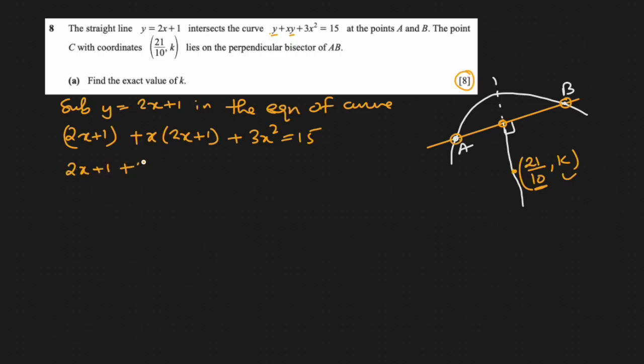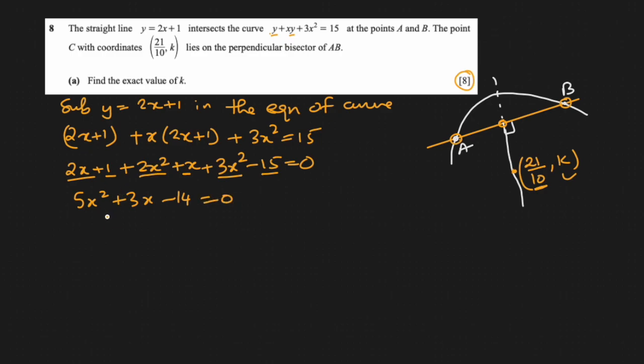This becomes 2x square plus x plus 3x square minus 15 equal to 0. I brought this 15 to the left side. So 2x square and this 3x square becomes 5x square. 2x plus x is 3x. And plus 1 minus 15 is minus 14 equal to 0.